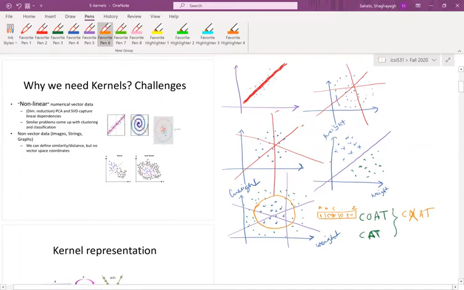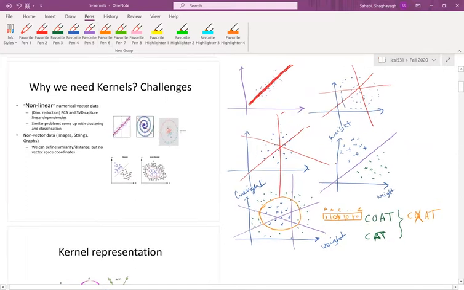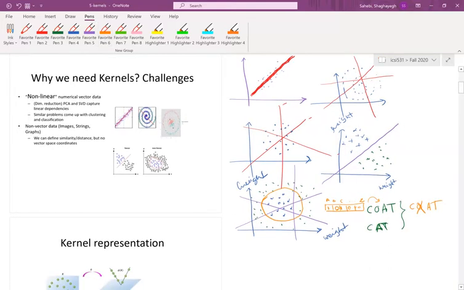But the difficulty with this one is that it doesn't consider the order between the alphabets that are presented in coat, right? So sometimes our data is non-vector.